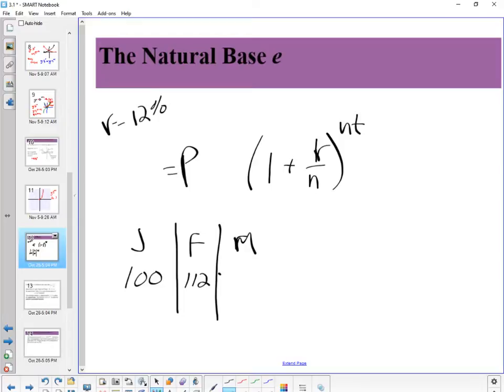No. I have to add that to the previous amount. This represents the original amount that I owed from the last month, plus whatever interest I've accrued now.